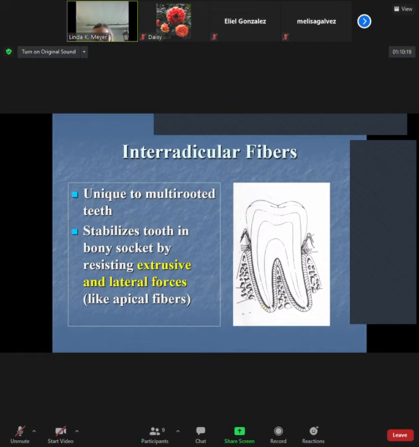Like the apical, these are the apical fibers, and then the interradicular, if there was an extrusive force, this would help stabilize the tooth in the bony socket right in that area. And also, like the apical fibers, they resist tilting or horizontal forces in either direction.